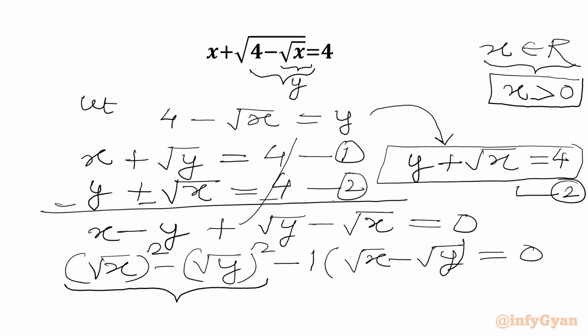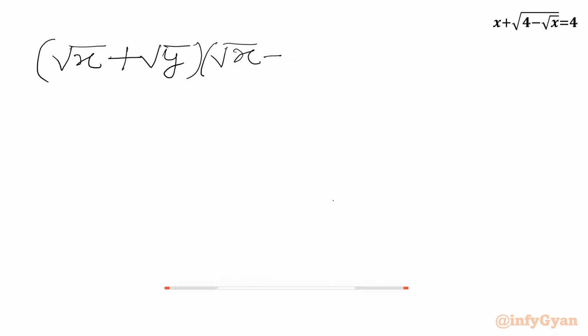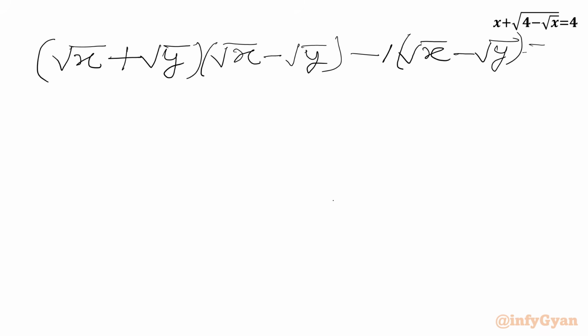We will write square root x plus square root y times square root x minus square root y, minus 1 times, in the bracket, square root x minus square root y, equal to 0. Now we can easily take square root x minus square root y as the overall common factor.